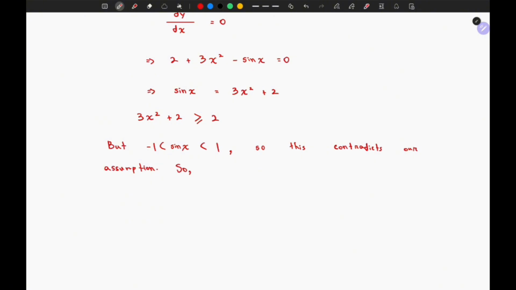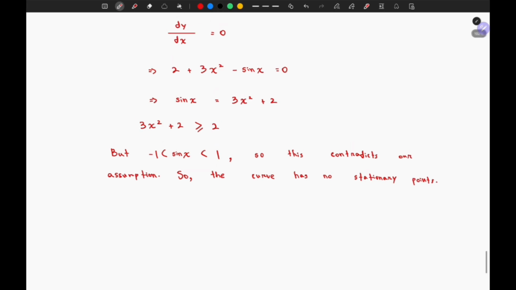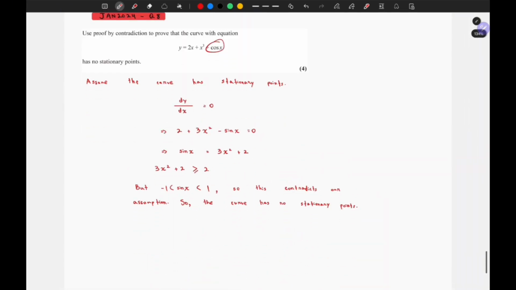So the curve has no stationary points. So that is it for this question.